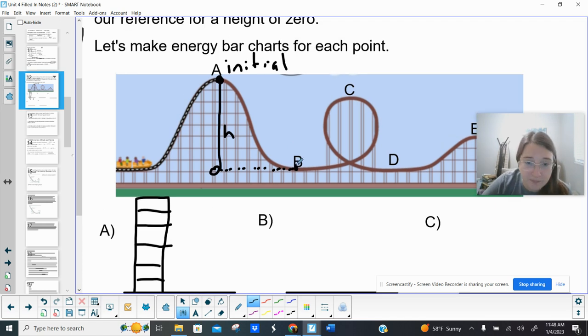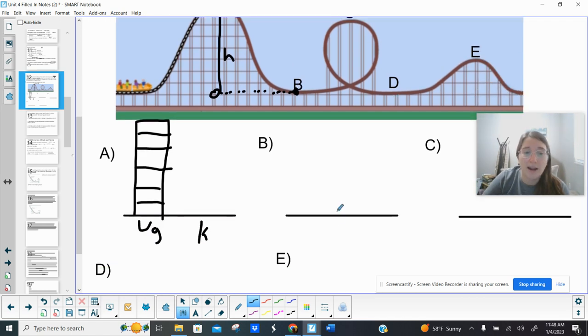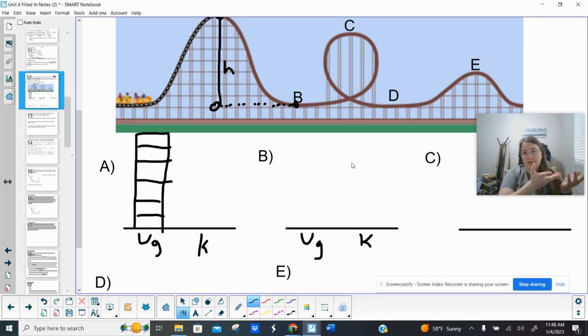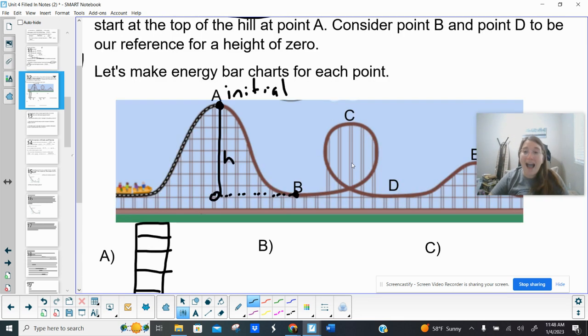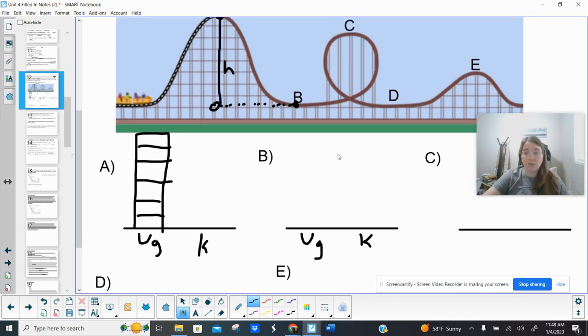So let's look at B. Now again, I am calling B my lowest point. And I've got my energies here. I still had my potential and my kinetic. So I'm at my lowest point. What happens is, again, if I'm at my lowest point, that means we now have no potential energy. I've lost all of my height that I had. No potential. But that energy has to go somewhere.